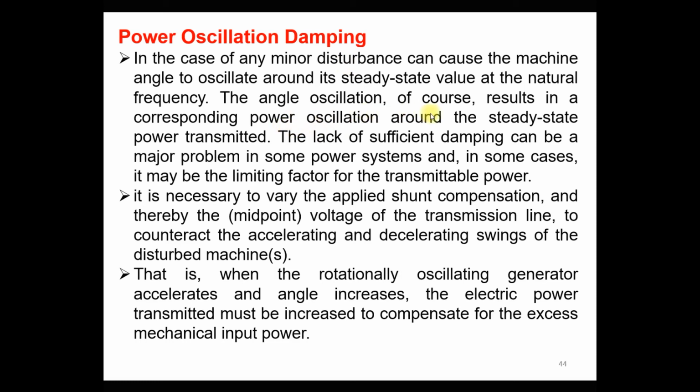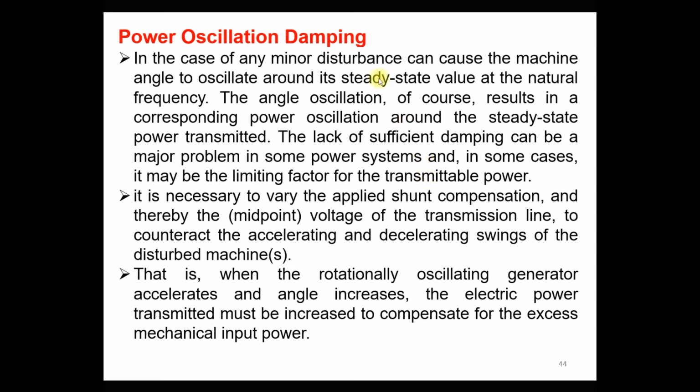So the angle oscillation results in a corresponding power oscillation around the steady state power transmitted, and if you do not provide sufficient damping to this oscillation, it creates a major problem in the power system, and in some cases it may be the limiting factor of the transmissible power.